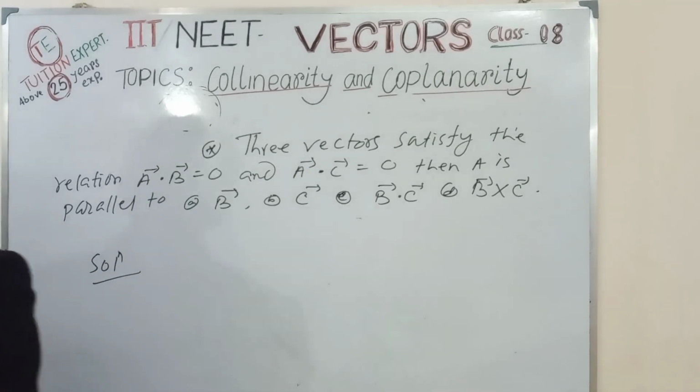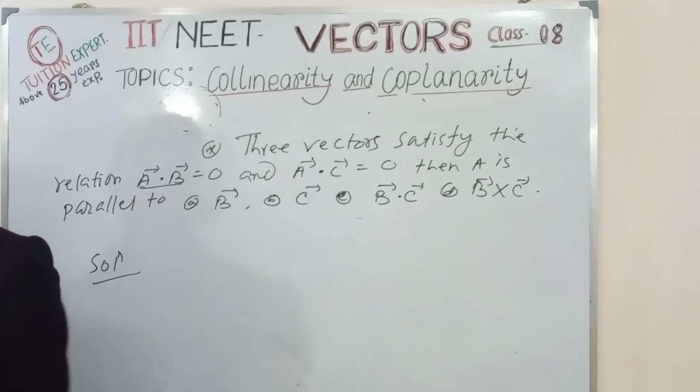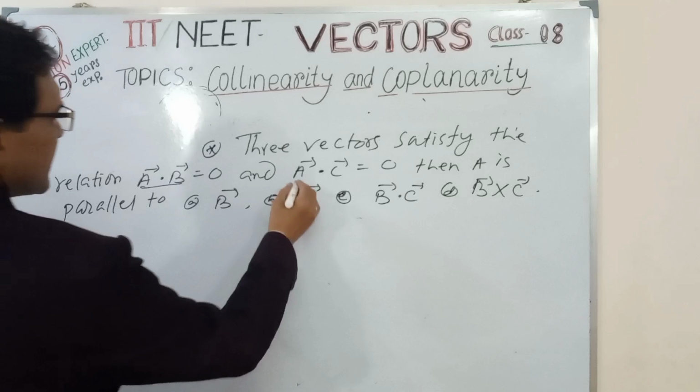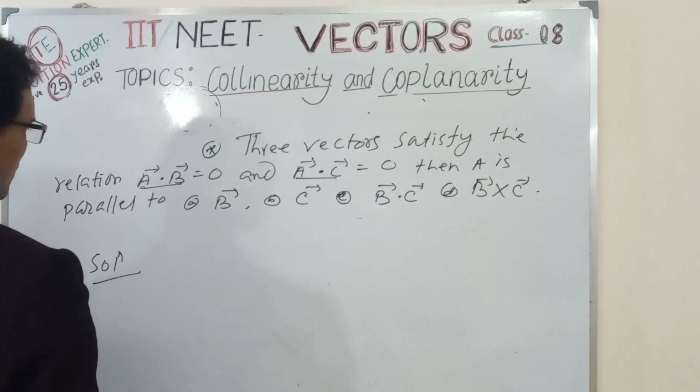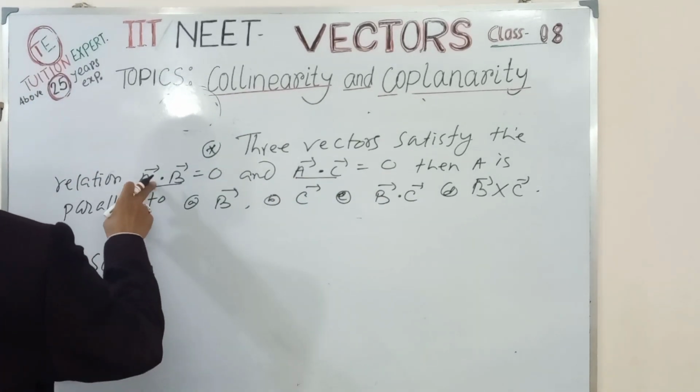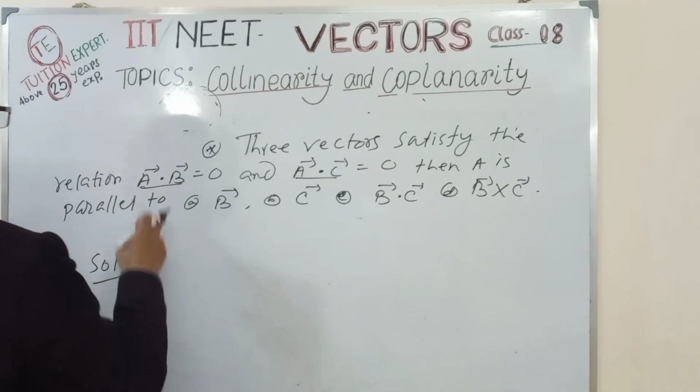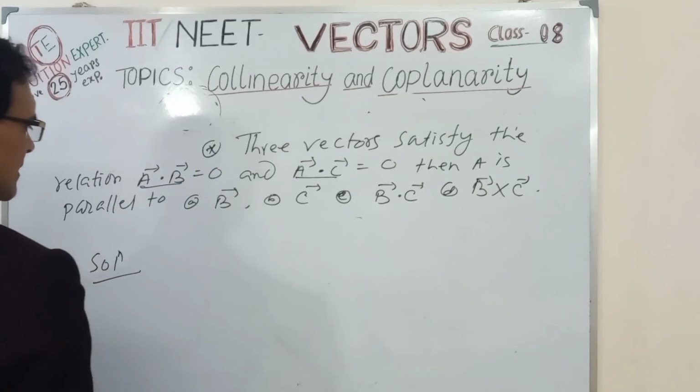Solution: A dot B equal to 0 means A and B are perpendicular, and A dot C equal to 0 means A and C are perpendicular. That is, the same vector A is perpendicular to both B and C.